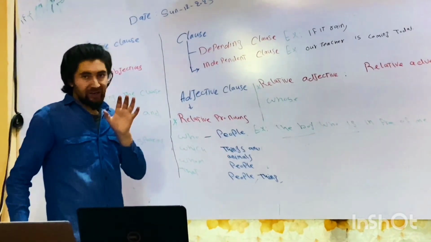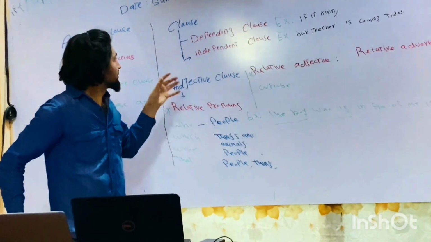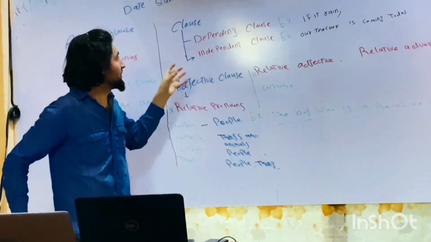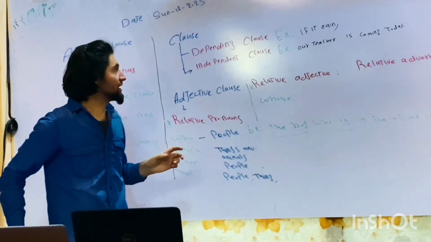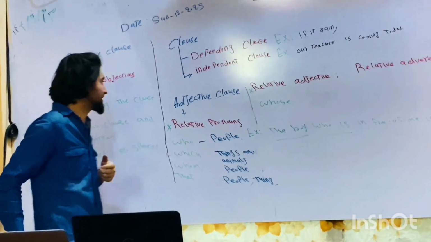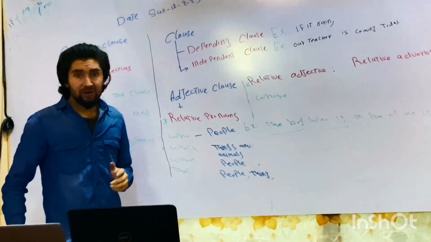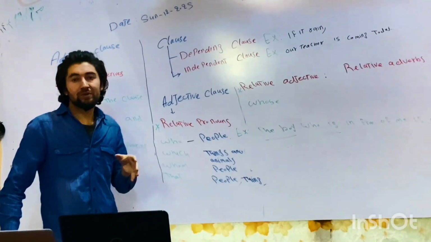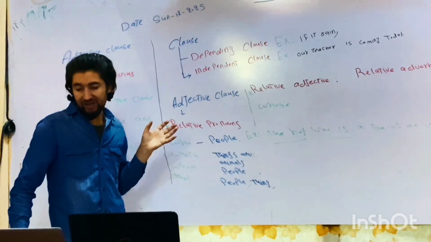Alright, I have explained about clauses and their types. We had two types of clauses, dependent clause and independent clause. A dependent clause can't stand alone, but an independent clause can complete the sentence. It gives a full meaning of the sentence. So now, adjective clause. What's an adjective clause? An adjective clause is a type of dependent clause which identifies or recognizes the pronoun and noun in the sentence.